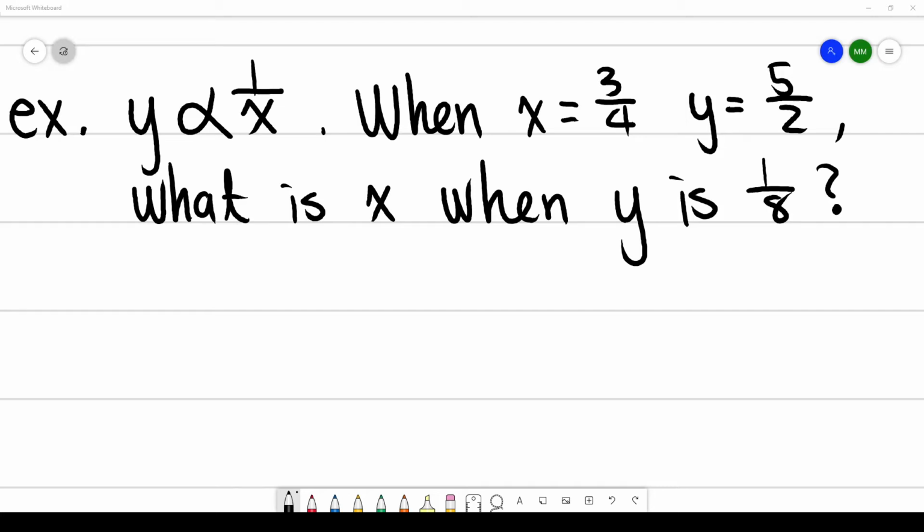Chloe? Emma? James Noble. So this is actually exactly the same as the last question, except the numbers are different.